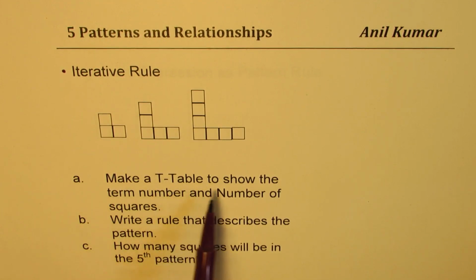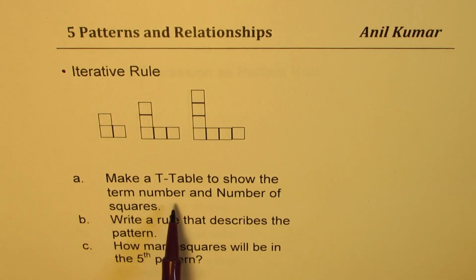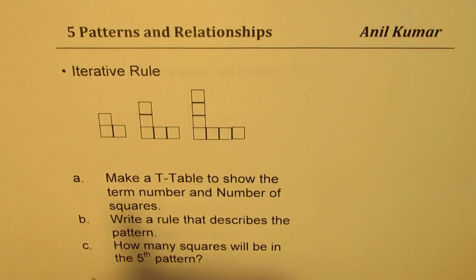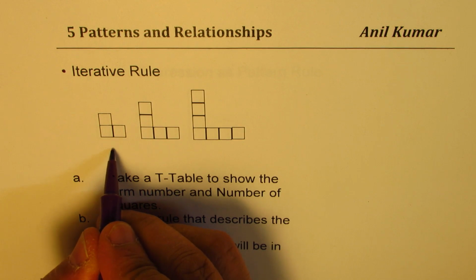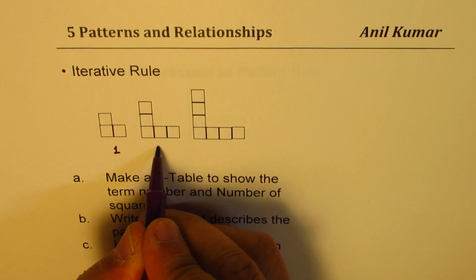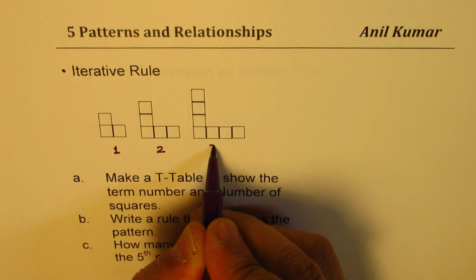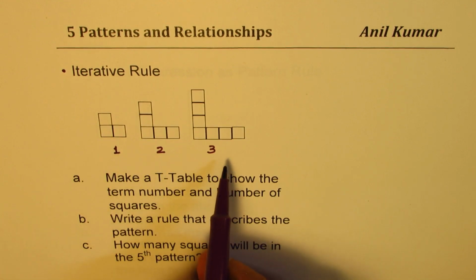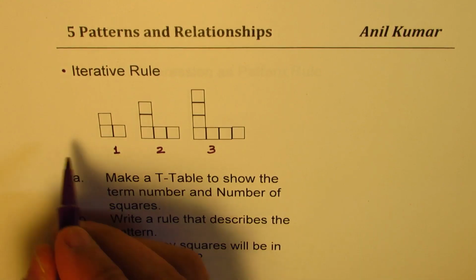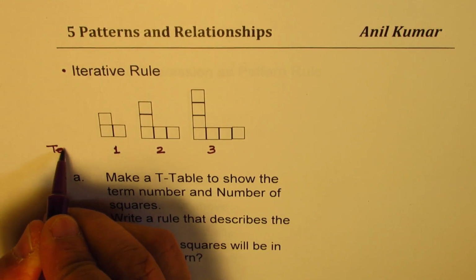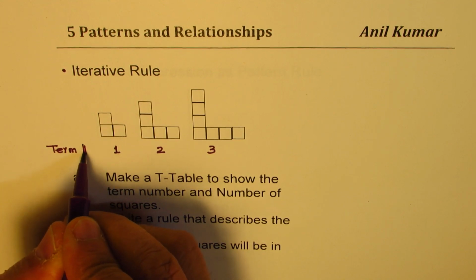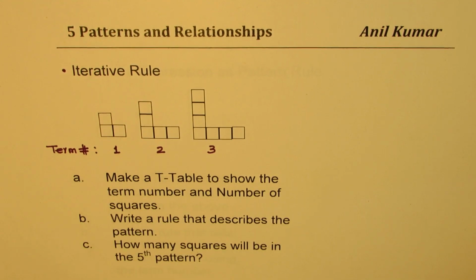Make a t-table to show the term number and number of squares. Okay, so let us call this our first term, second term, and third term. You have been calling them also as figure number, right? So we are calling them now term number instead of figure number.